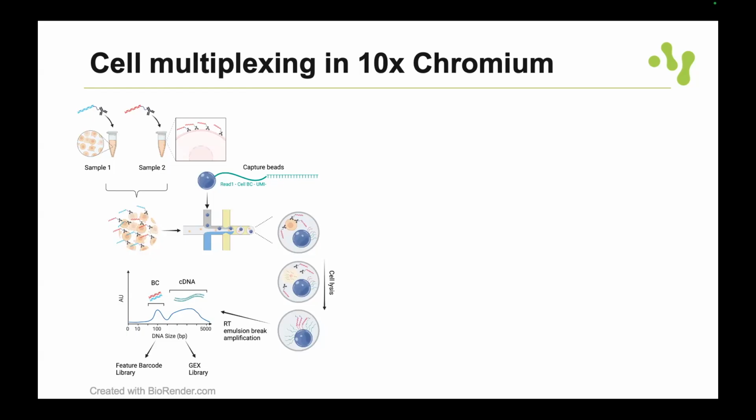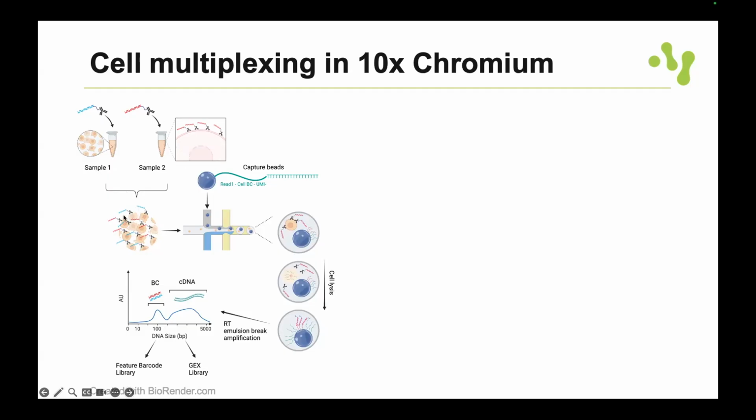One way is you have an antibody with a conjugated barcode. Then you take the same antibody, but you conjugate another barcode to it. You then incubate each sample with each one of these barcodes, pool them together, and now on the cells you have a different barcode depending on which sample they came from.